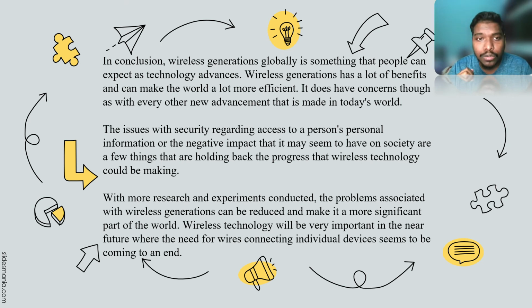The issues with security regarding access to a person's personal information, or the negative impact it may have on society, are a few things holding back the progress that wireless generation could be making.